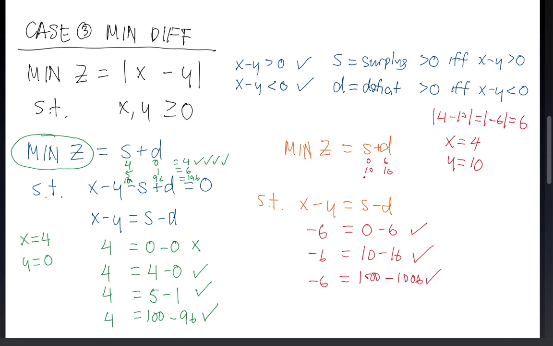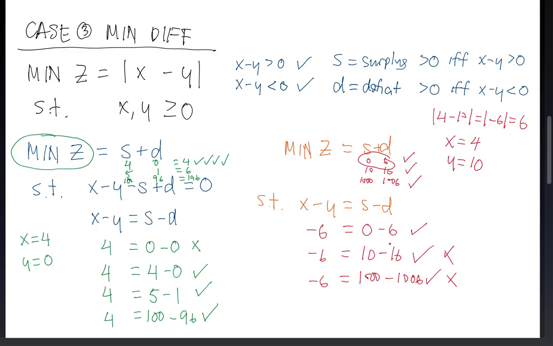Yes, we can, right? So we can have s equal to 1000 and d equal to 1006. All of these are valid. But since we want to get the minimum, what will our linear program choose? Our linear program will choose 0 and 6 because that gives us the smallest sum, which means that we don't have to find a way to make these invalid anymore. We can leave it as is.